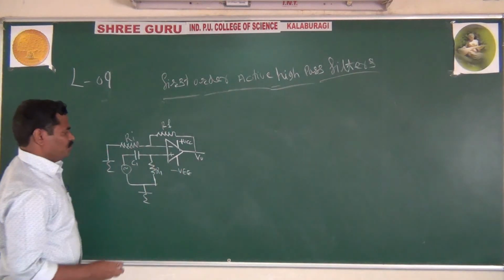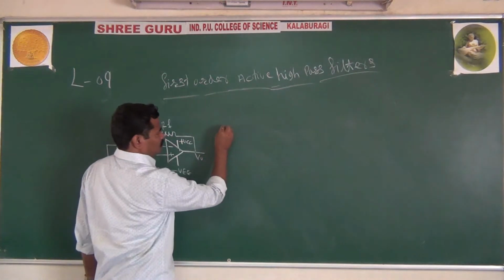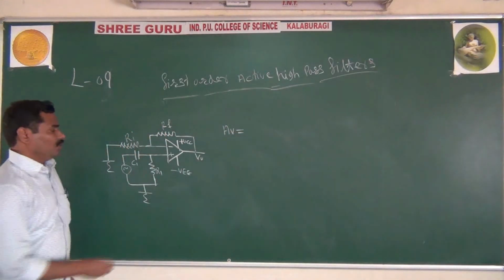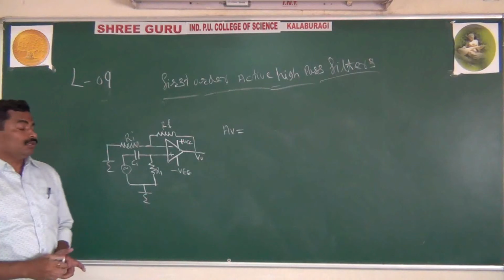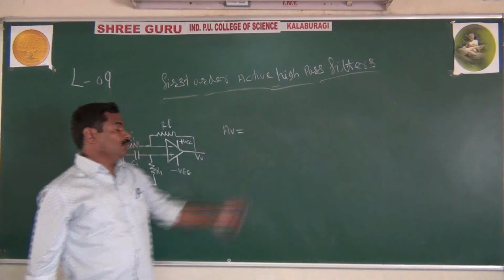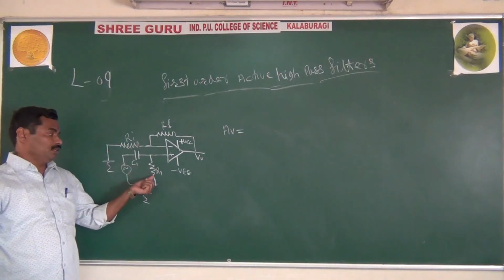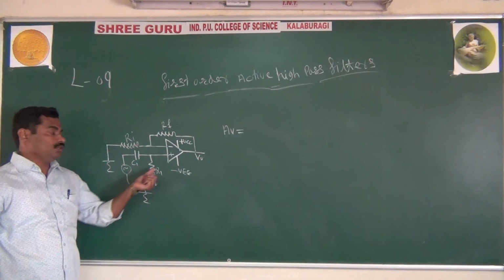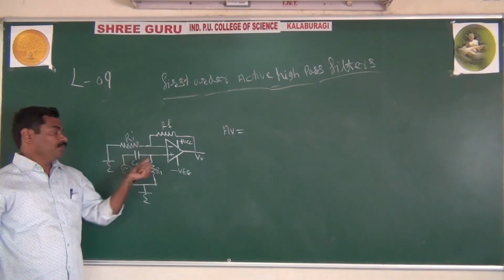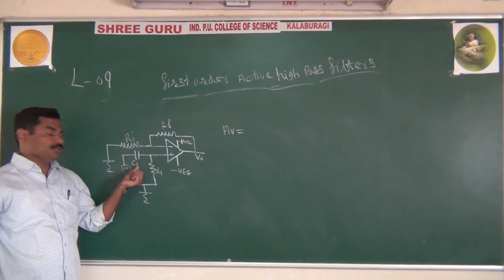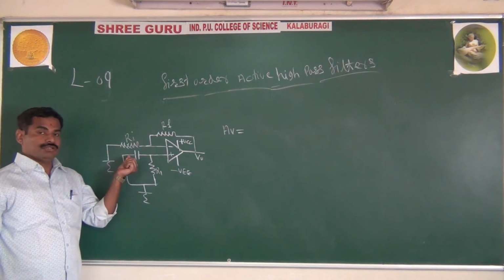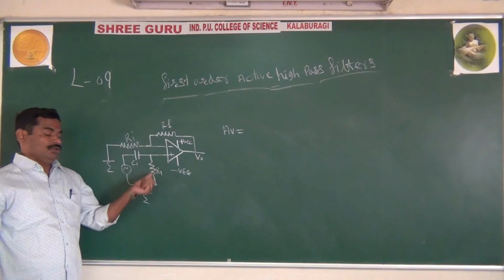You are using the same formulas. This is the first order active high pass filter, because the high pass filter is connected to the non-inverting terminal of the operational amplifier. As I said, in the high pass filter you apply the input to the capacitor and you measure the output across the resistor.